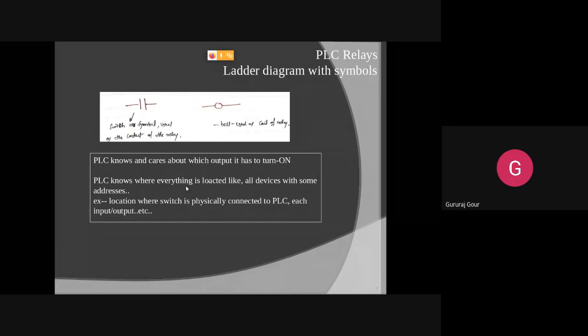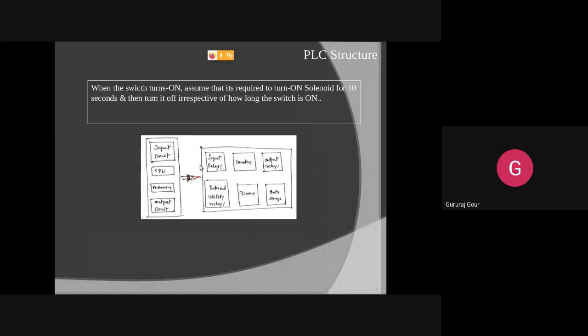PLC also knows where everything is located, all devices with their addresses. If you look at the actual structure, the PLC knows where input relays, counters and timers are located, timer 1, timer 2, timer 10, internal utility relay 10.